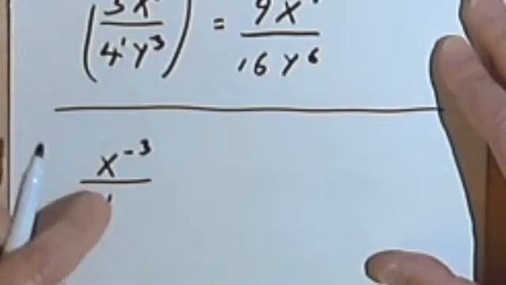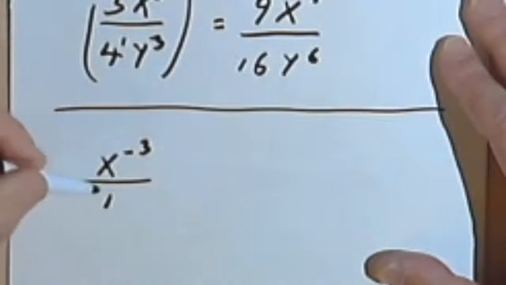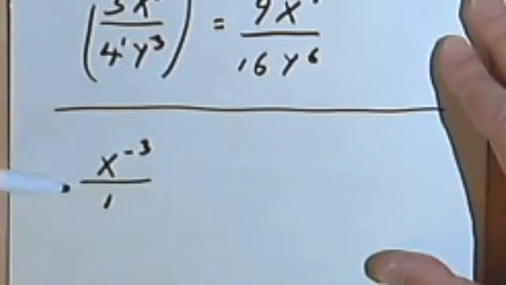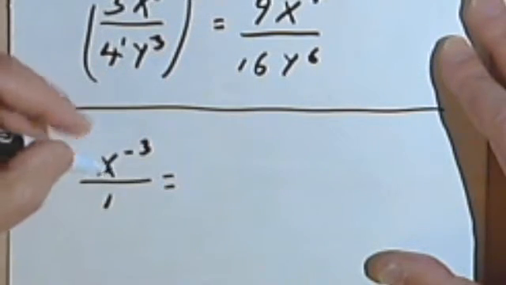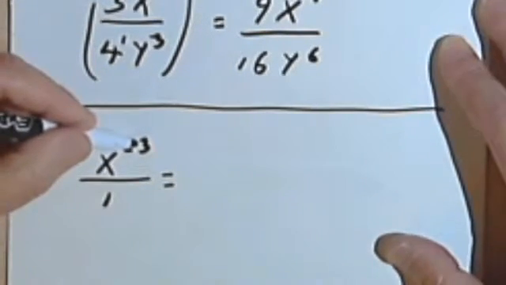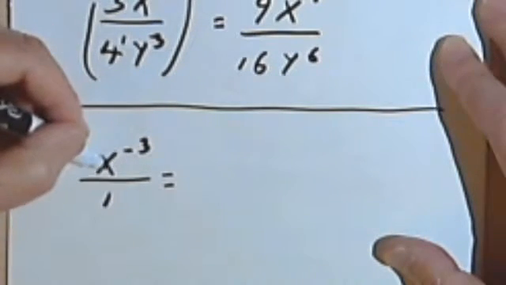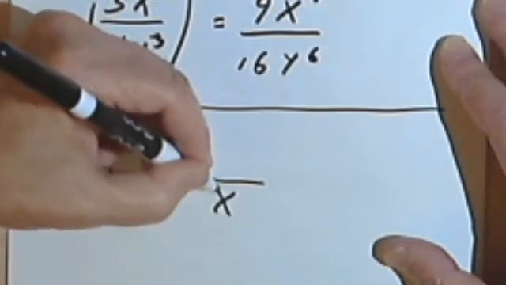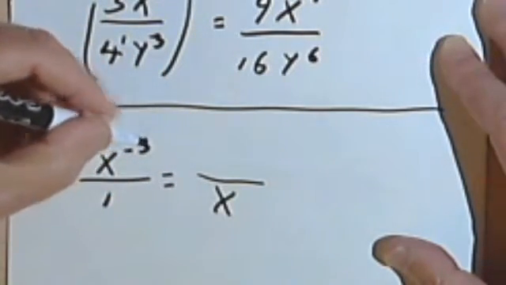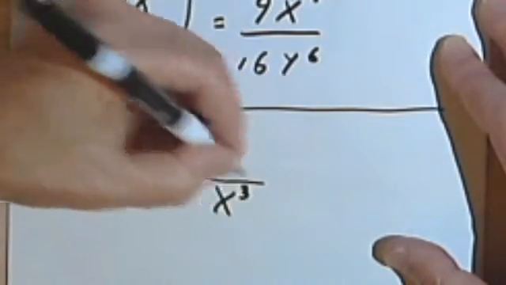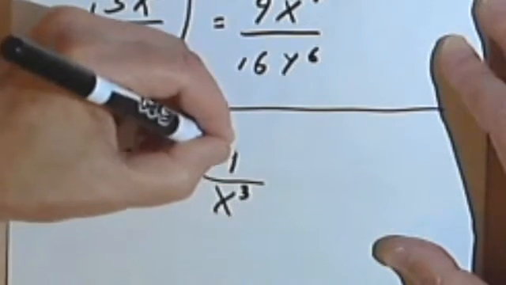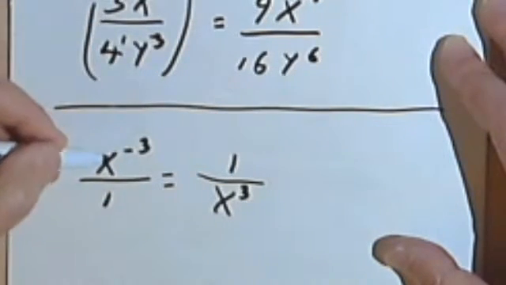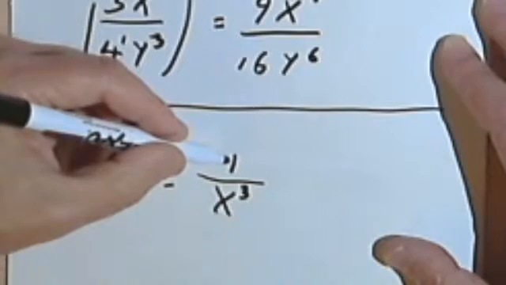Remember, anything that doesn't look like a fraction, you can make a fraction by putting your little fraction line and a 1 in the denominator. Anytime we have a negative exponent in a numerator, we can take the base, put the base in the denominator, change the negative exponent to a positive exponent, and if there's nothing else in the numerator, just put a 1 there.